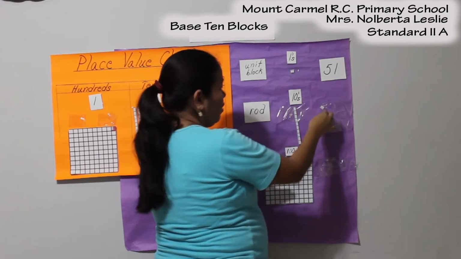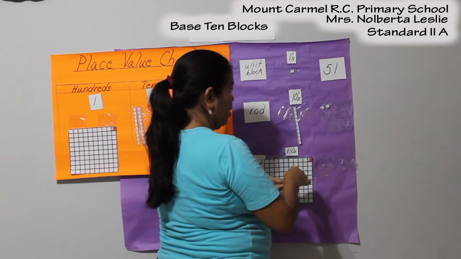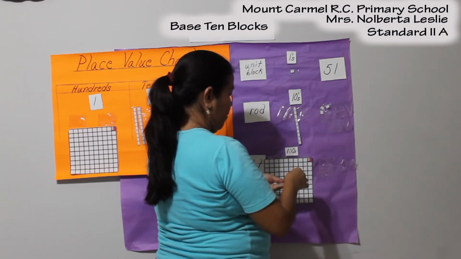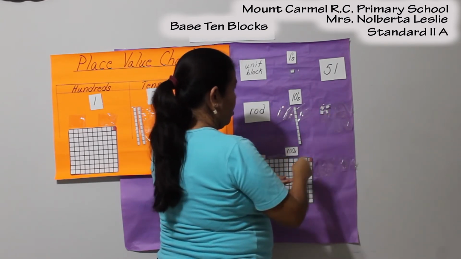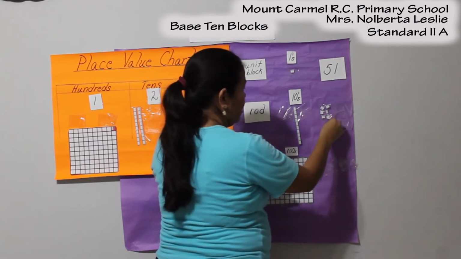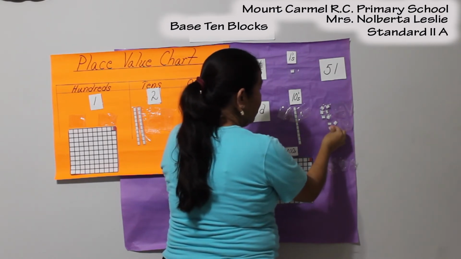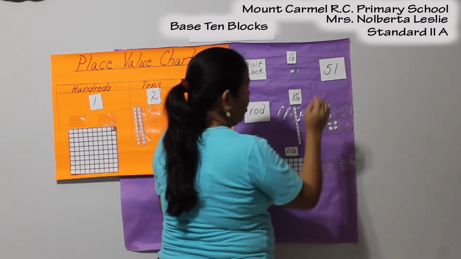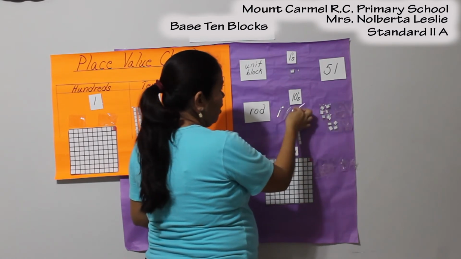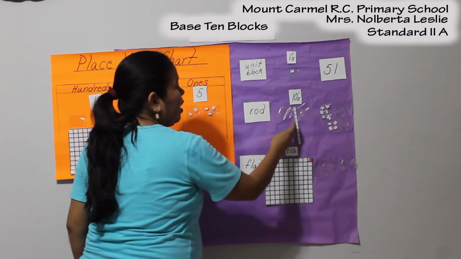So let's count it. 1, 2, 3, 4, 5, 6, 7, 8, 9, and 10. So 10 unit blocks are in this one rod. 10 pieces, right? That's just showing you how many are here.